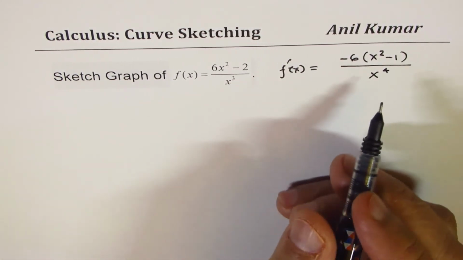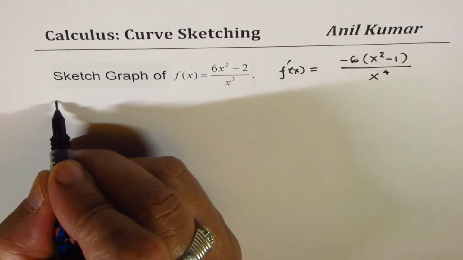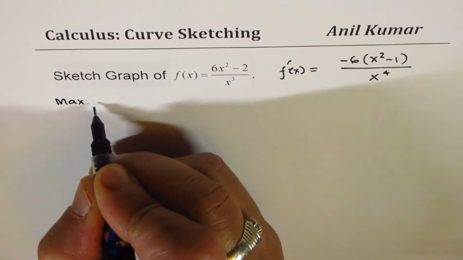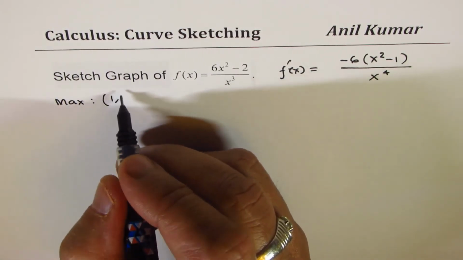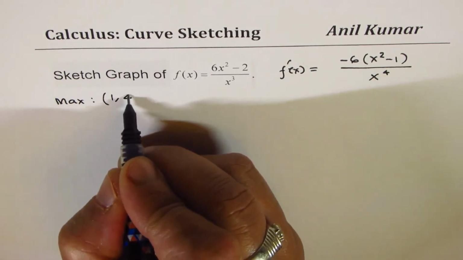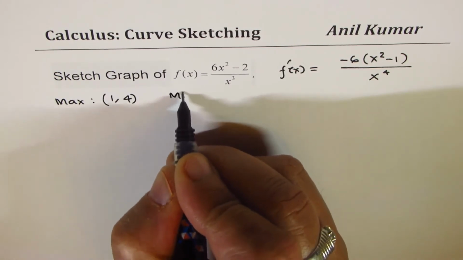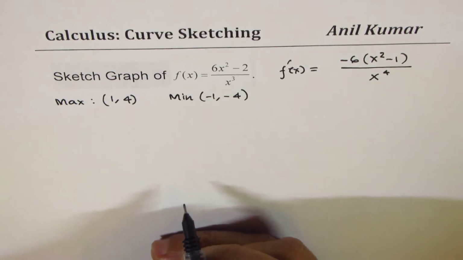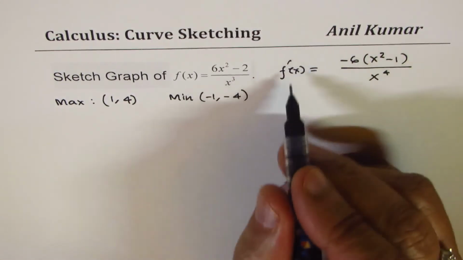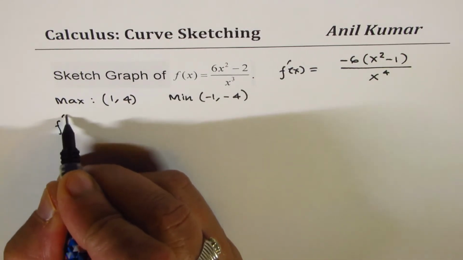Correct. We also found that we have maximum at 1, and the value was plus 4, and we have minimum at minus 1, minus 4. Perfect. Now from this derivative, let's find what is the second derivative.